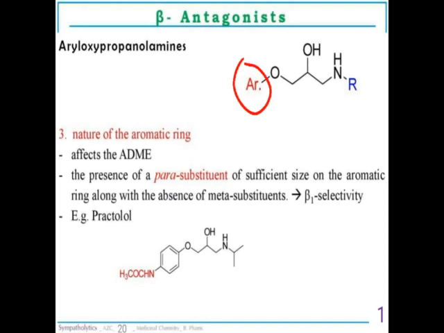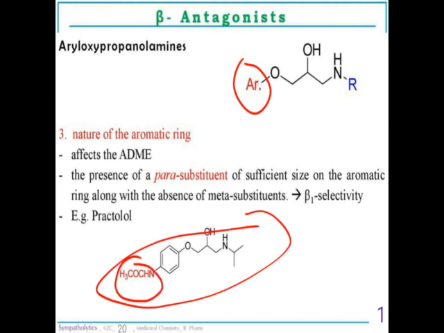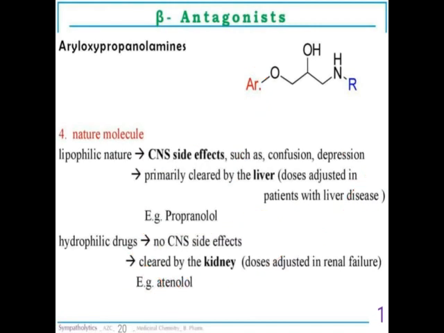If at the para position of the aromatic ring there is a substitution, it will give the proper activity. This is ortho, this is meta. If any substitution is there on the meta position, it will decrease the beta 1 selectivity. So the meta position must be empty so that the beta 1 selectivity will be more.